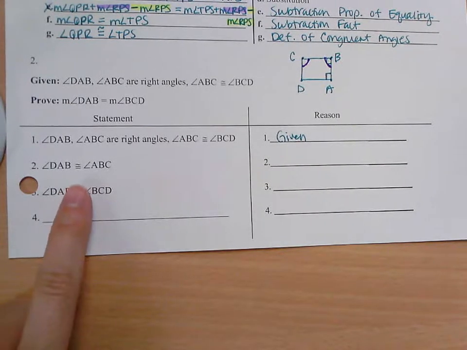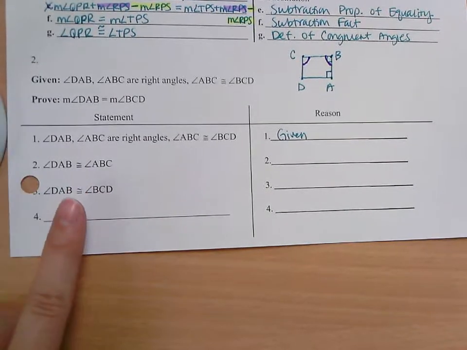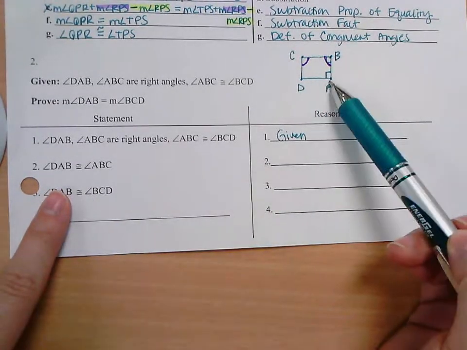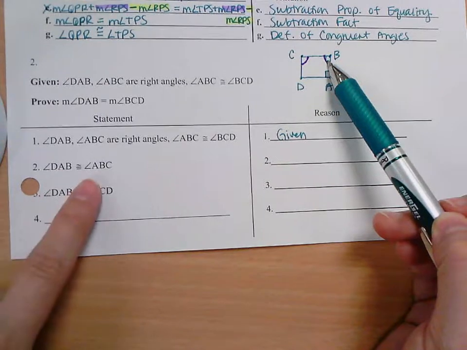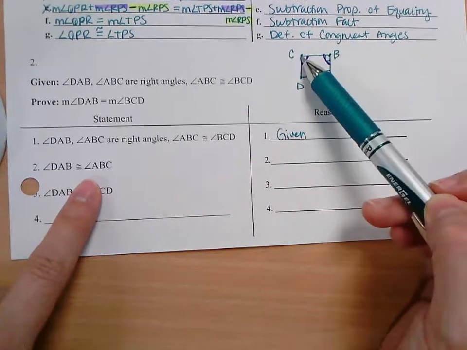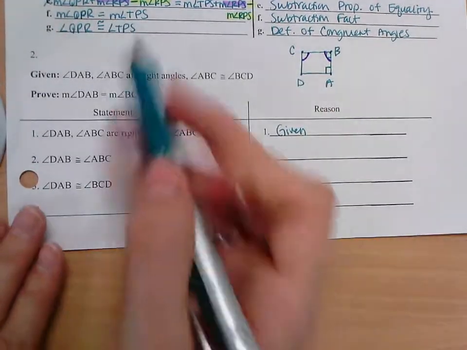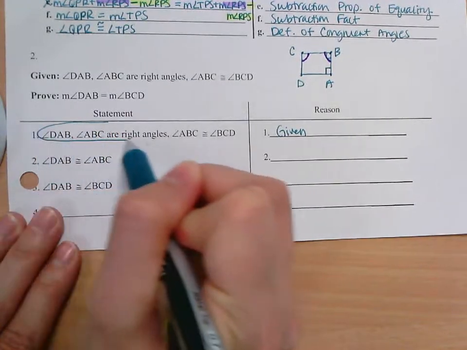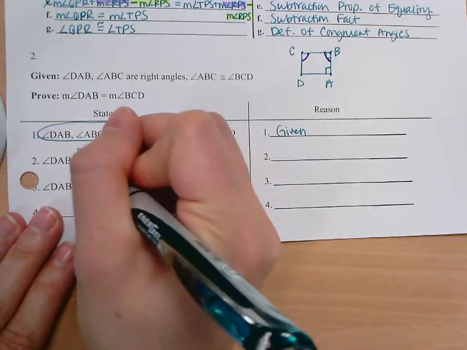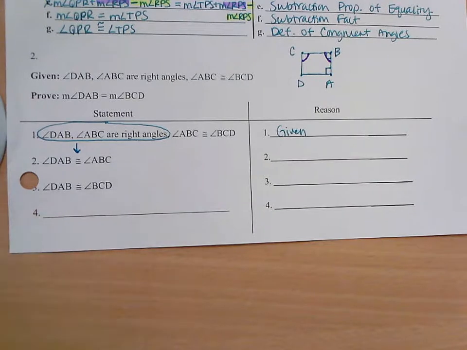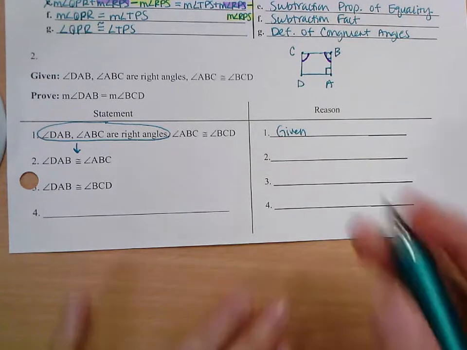Now we have to go off of at least part of what we're given. So line 2 says DAB, that angle is congruent to angle ABC. So up above, we said that those 2 angles are right angles. And now in line 2, we're saying they are congruent. What property in our packet or on our list tells us that? It's not the definition of congruent angles. That's the right angle theorem.